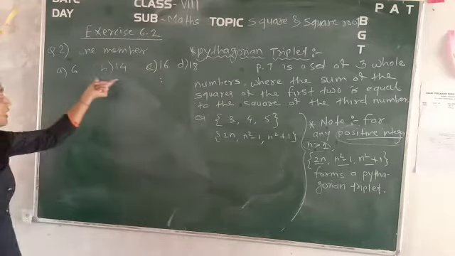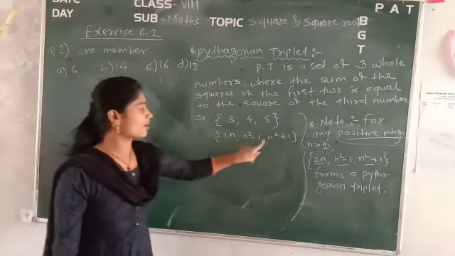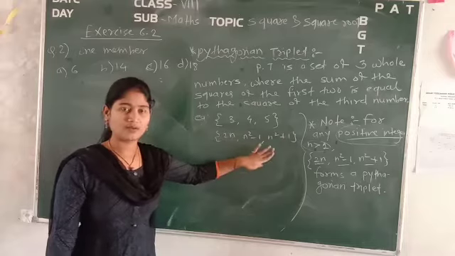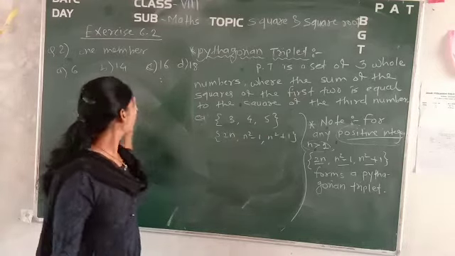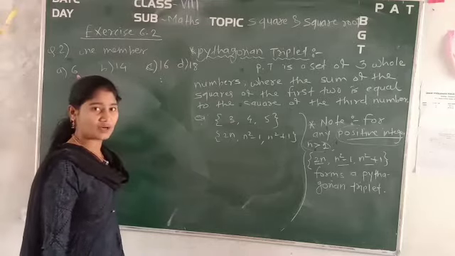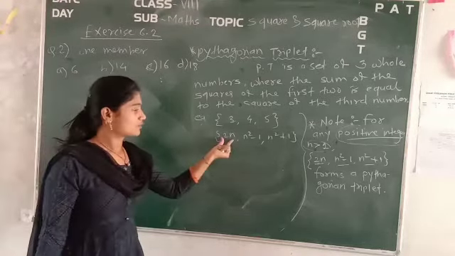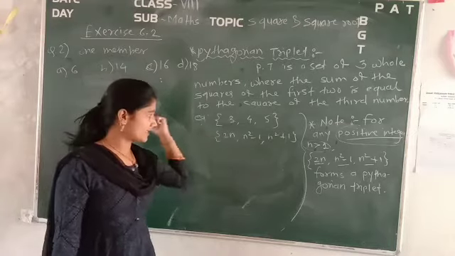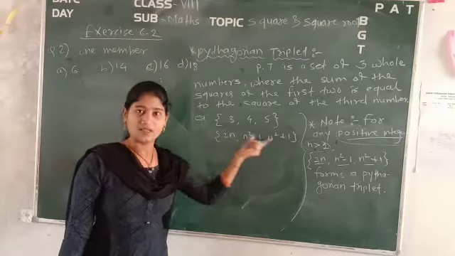Now see, what you have to observe first of all is that only one member from these 3 is given. But do you know the place, the order of that member? Suppose for a is equal to 6, if the first member is 6, is it 2n, or n square minus 1, or n square plus 1? We don't know.